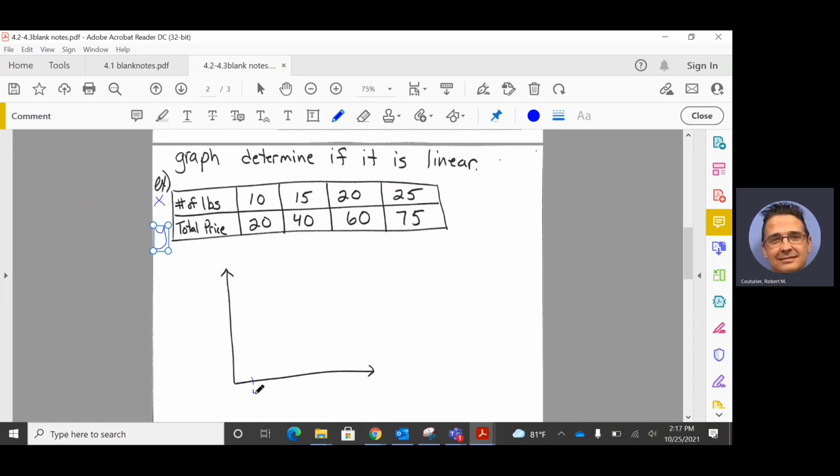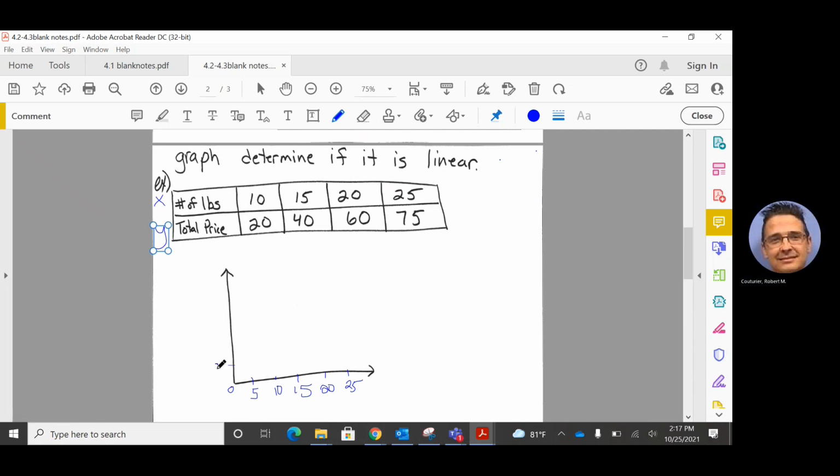So you want to make a scale. So by 5s, starting at 0: 0, 5, 10, 15, 20, 25, and we're hand graphing, so it's pretty accurate for a hand graph. Total price is going by 20s, right?